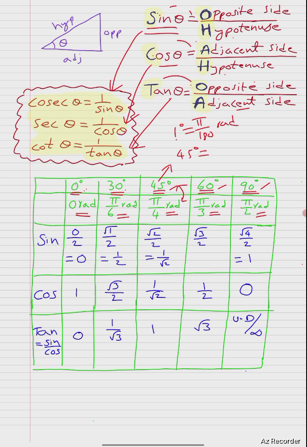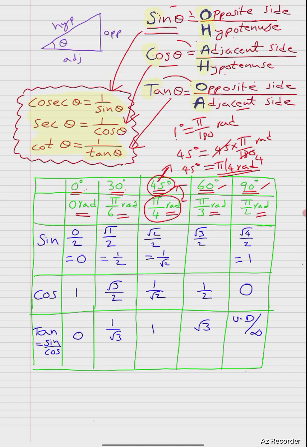If 1 degree is pi by 180, then 45 degrees is 45 into pi by 180 radians. So 45 goes into 180 4 times, which is pi by 4 radians. That means 45 degrees is equal to pi by 4 radians. That's why for 45 degrees I have written in radians pi by 4.